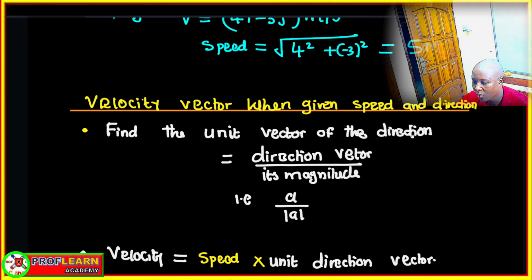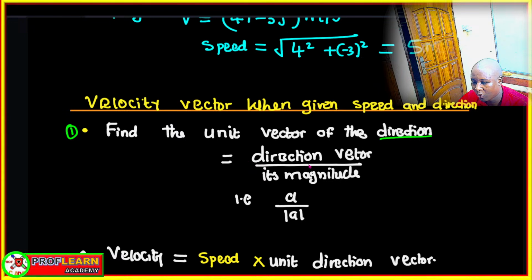So, how to find the velocity vector when you are given speed and direction. The first thing that you are going to do, step number one, is to find the unit vector of the direction.